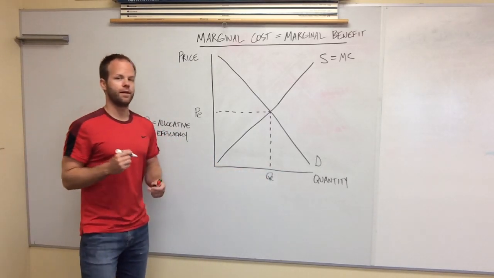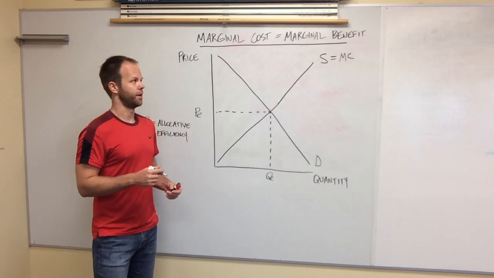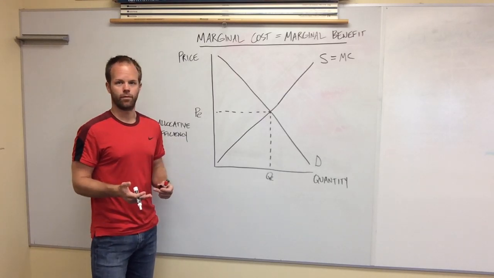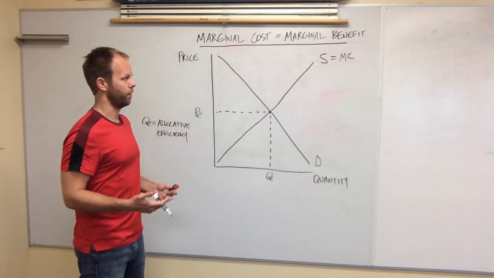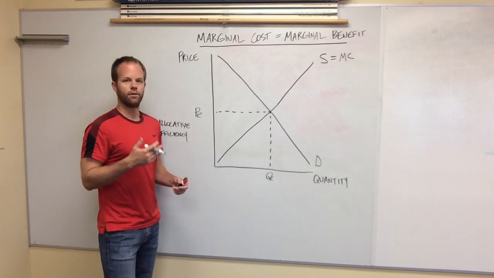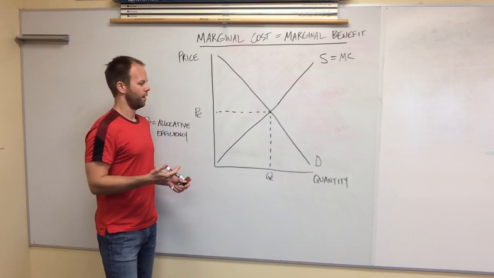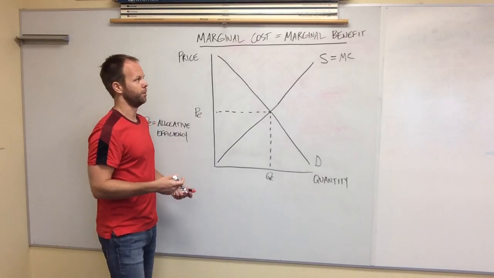So let's think about that idea of marginal benefit, right? Cost is pretty easy to understand, but another word for benefit that we might know is utility, right? And that is the benefit or the satisfaction or the reward that consumers get for consuming a good or service, right? And the more goods and services they consume, the greater their benefit will be, right?